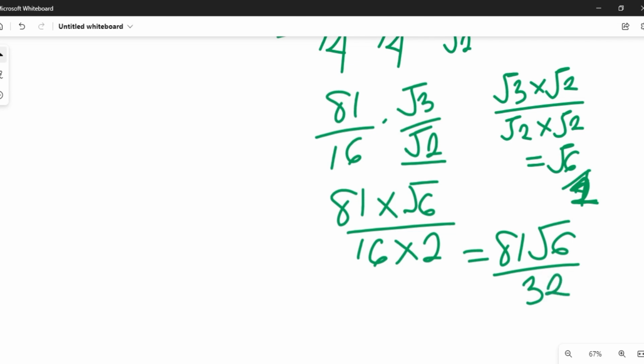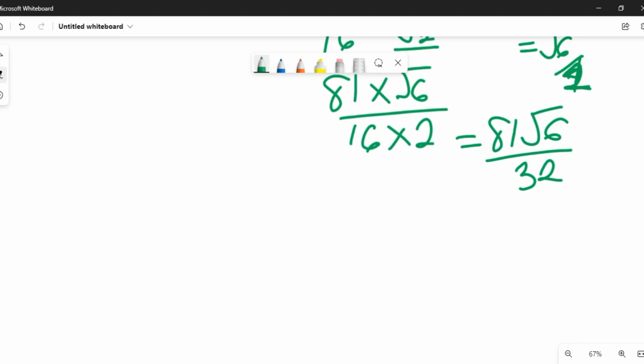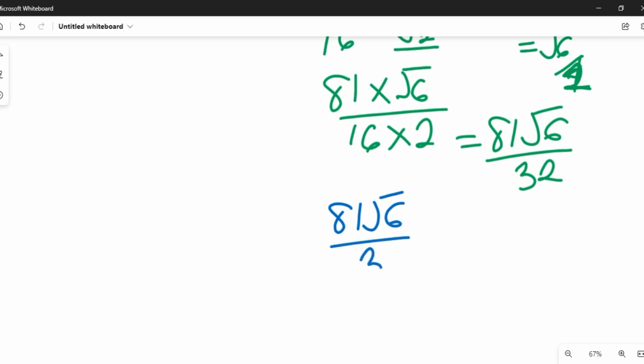So the final result of that equation is 81 root 6 all over 32.